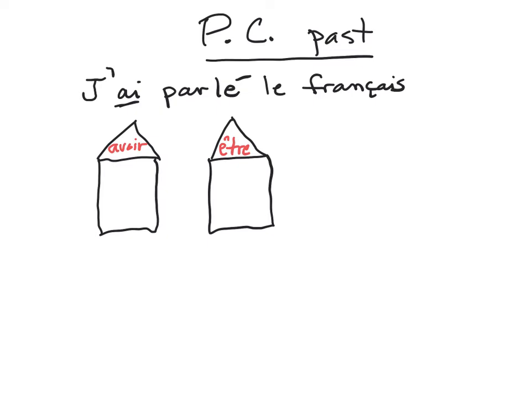Most verbs use avoir. Almost all of them will use avoir. And then the other verbs, there's 16 of them plus 1. If you remember, they're Mrs. Dr. Vandertramp, which was the acronym for the 16 verbs. So I'll just write that down here. Mrs. Dr. Vandertramp.